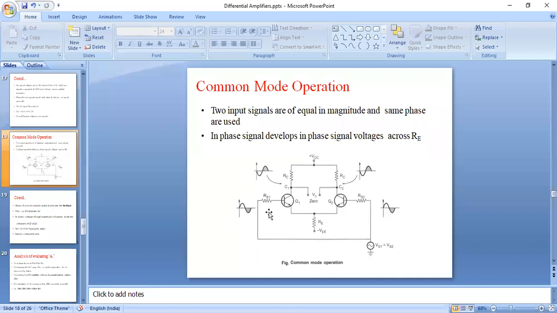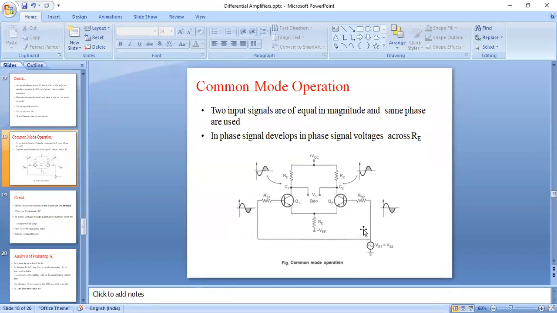When here it is plus 10 volts at the base of Q1, the voltage at the collector is minus 10. So here also, the base of Q2 is plus 10, and the voltage at the collector of Q2 is minus 10. So here both are same. But coming to the emitter section, due to emitter follower action, if you apply positive input to the base of Q1, we are getting positive current flowing through the emitter of Q1.